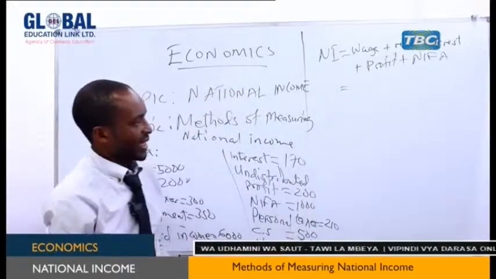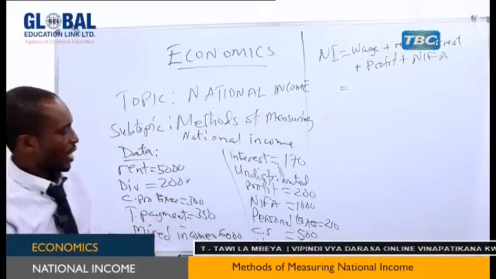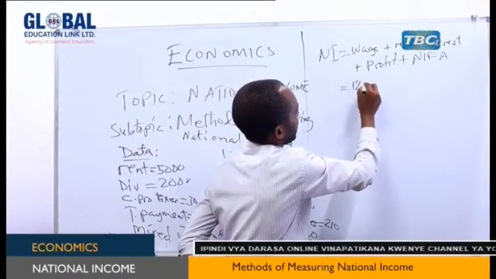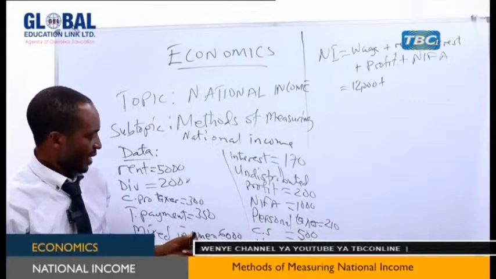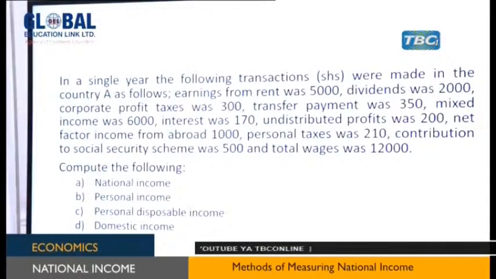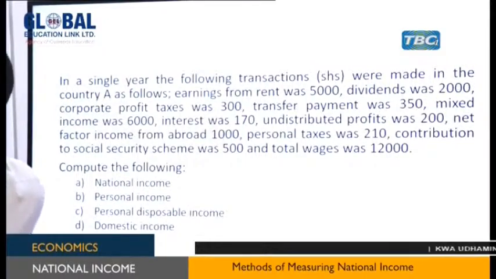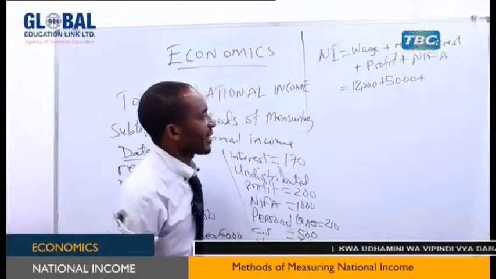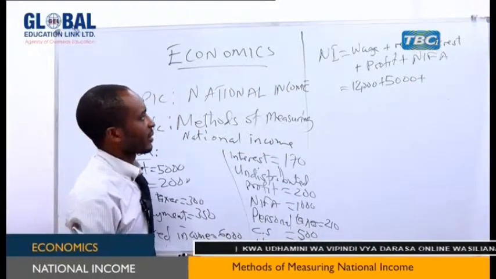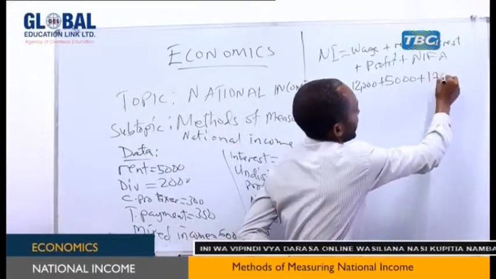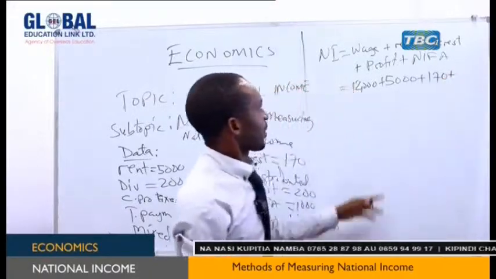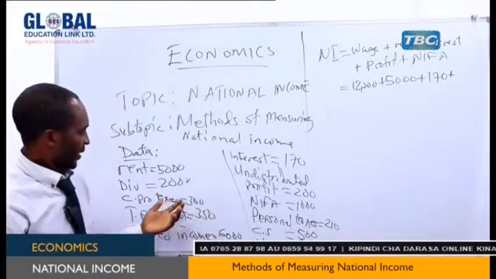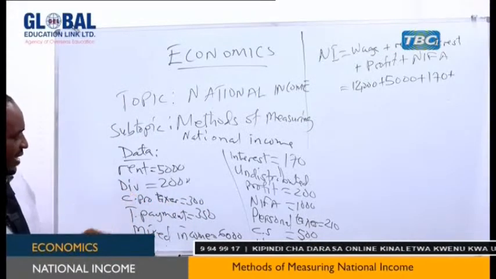So in our information, the wage is 12,000. So you get 12,000 plus the rent, which we are given as 5,000, plus the interest, which is 170. Then you add the profit here, you take the dividends.